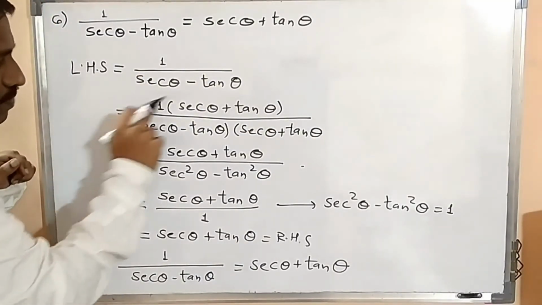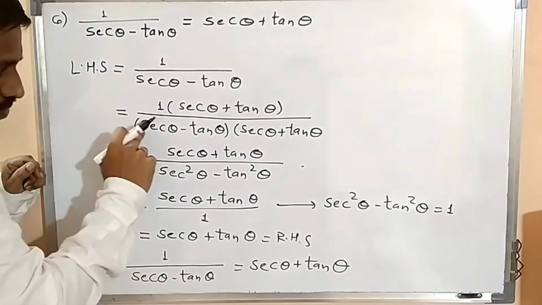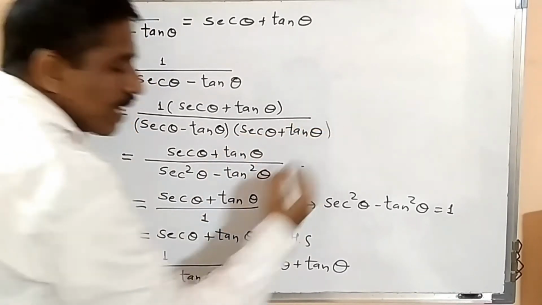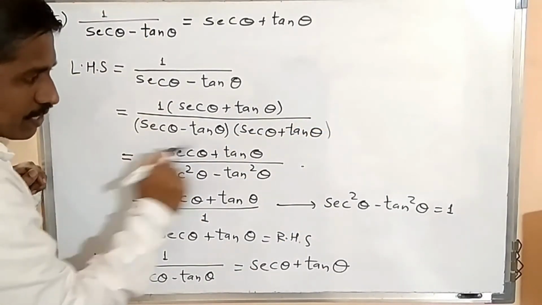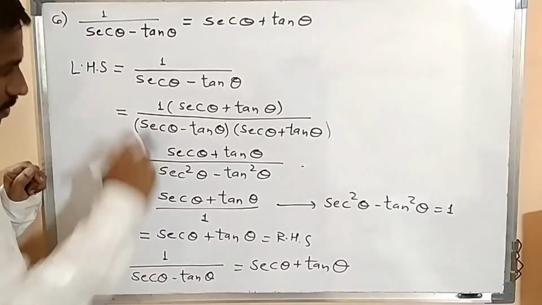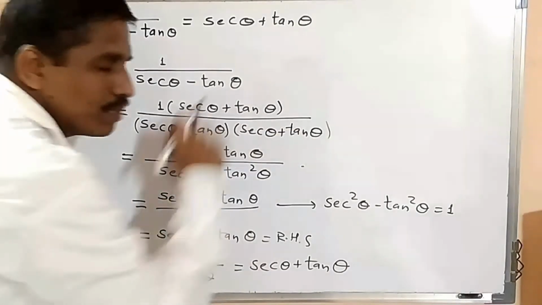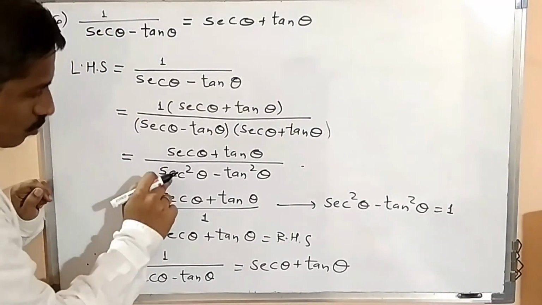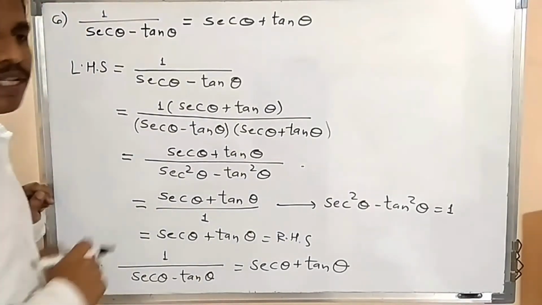So it will become 1 into sec theta plus tan theta upon sec theta minus tan theta into sec theta plus tan theta. So the numerator will be sec theta plus tan theta. The denominator is a minus b, a plus b. What is expansion? A square minus b square. So it will become sec square theta minus tan square theta.